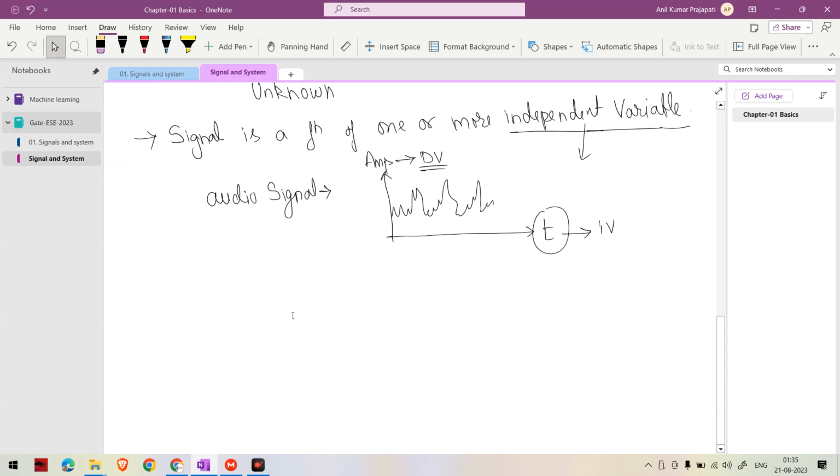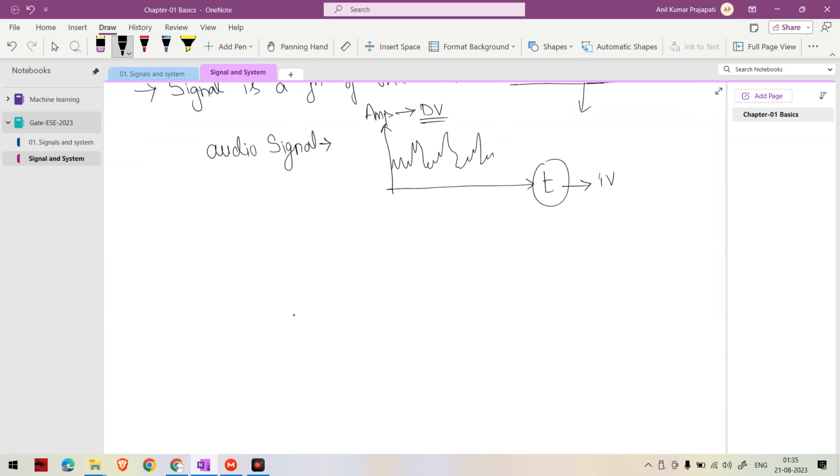There are different types of signals which have more than one independent variable. Let's discuss those. As you already know, the first type is the audio signal, which has one independent variable. For another type, let's take the example of an image signal. You have already seen an image.